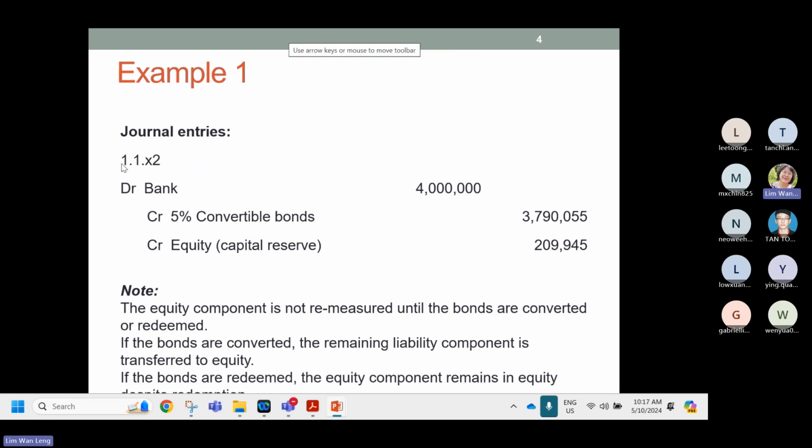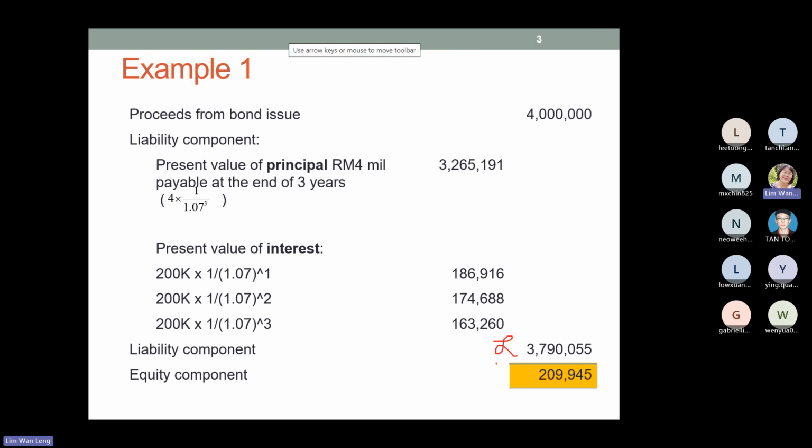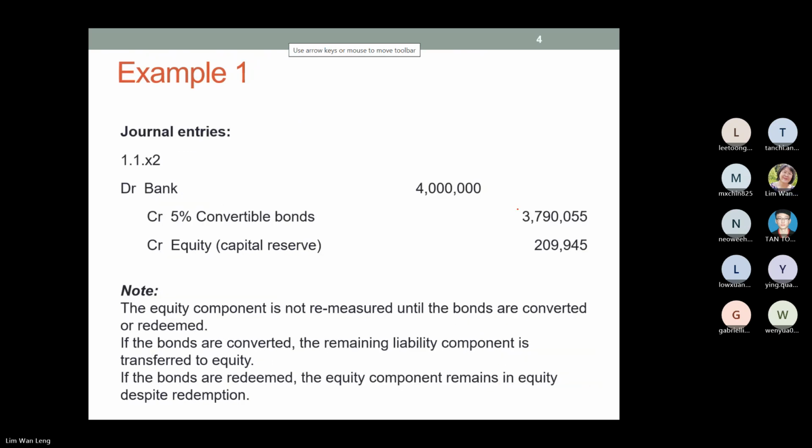Let's say it's on the first day of January. All these figures you just copy from the schedule just now. This is the liability component's figure, and the residual will be the equity.